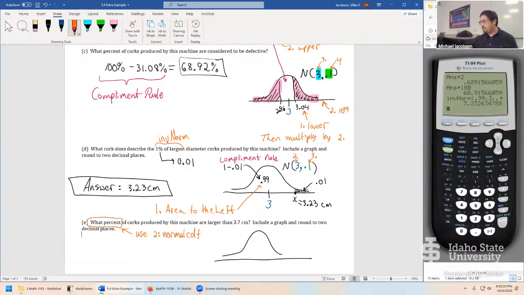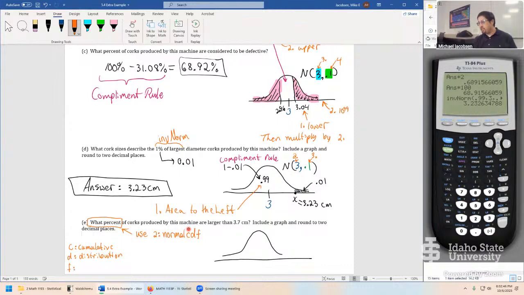CDF. If you're really kind of confused on why CDF, I think we've said it before. Let's say it officially right here. C stands for cumulative. D for distribution, referring to the normal distribution or the normal model.